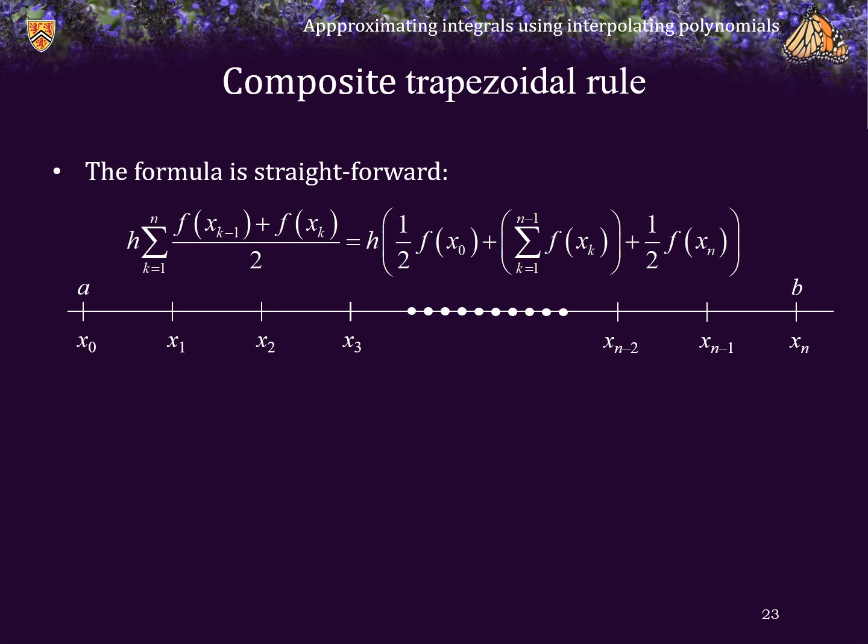If we sum those two values, we get f at x1 in the middle. So basically, we are summing h times a half f at x naught, plus just adding up the value of f at each of the interior points from x1 to x sub n minus 1, and then finally adding a half f at x sub n, the other endpoint.